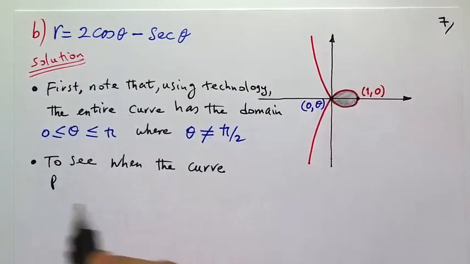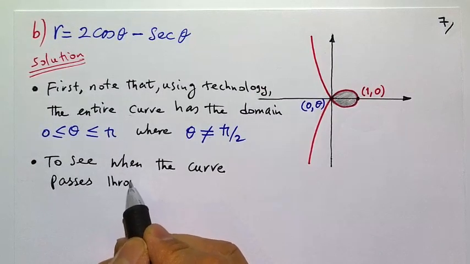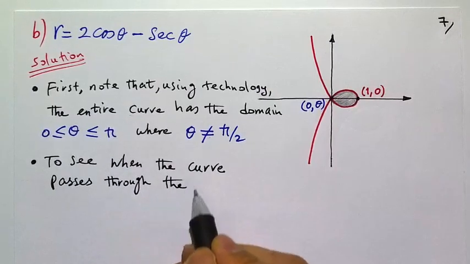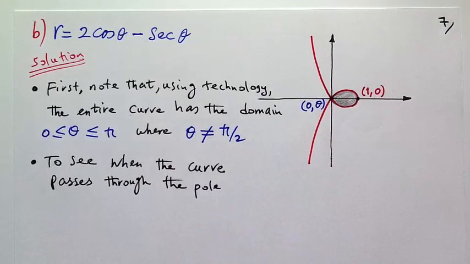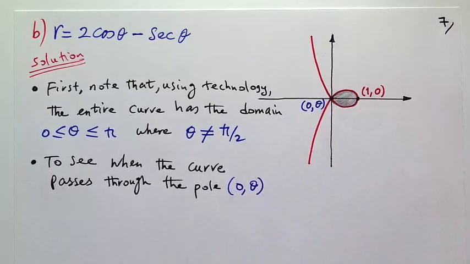When the curve passes through the pole, which is 0 comma theta, we will need to satisfy this equation, r equals 0, right?